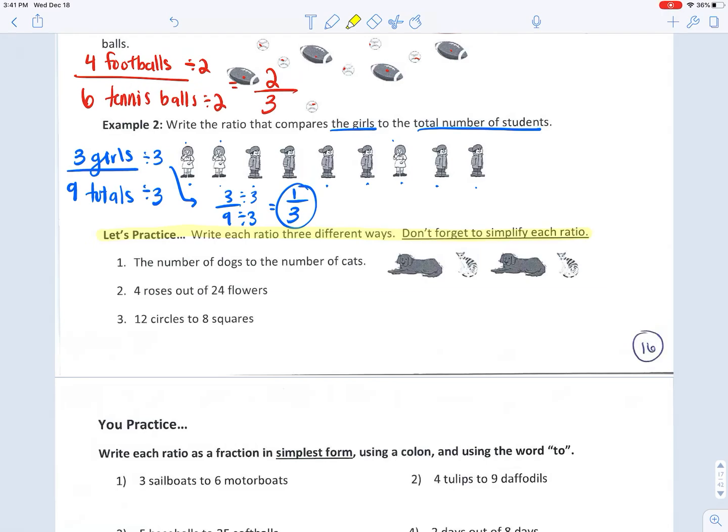So the first one, it says the number of dogs to the number of cats. So I'm going to write, let me erase these underlines here. Those took up a lot of space. I have 2 dogs to 2 cats. If I were to write this as a fraction, I do 2 dogs over 2 cats. But I want to simplify this.